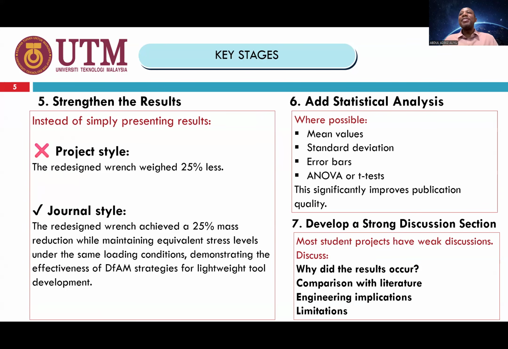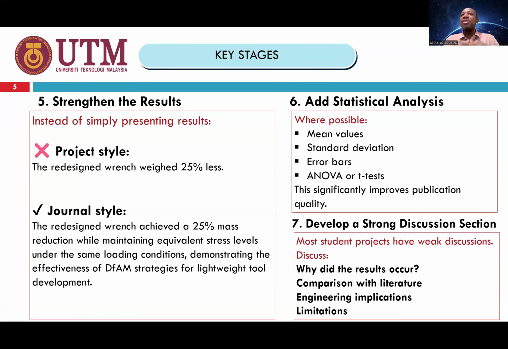This may be sufficient in FYP projects. In the case of a journal paper, you need to say the redesigned wrench achieved a 25% mass reduction while maintaining equivalent stress levels under the same loading conditions. This demonstrates the effectiveness of design for additive manufacturing strategies for lightweight tool development. So this explanation will be sufficient in the case of a journal paper. This is how you frame your results and discussion.